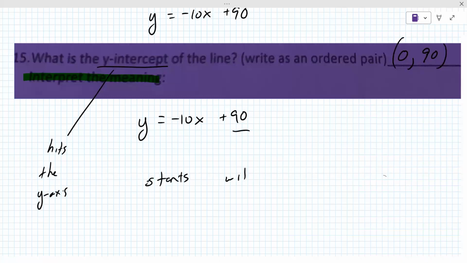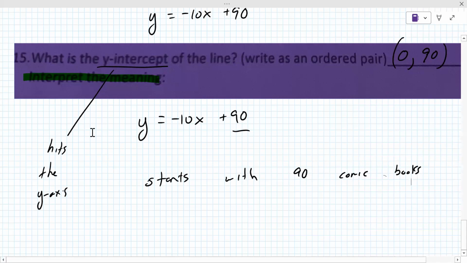Starts with 90 comics. I'm still not sure. You're giving me the overall scenario, which is she gets rid of a bunch and then she has 0. But at the y-intercept, it's what's going on at the beginning.